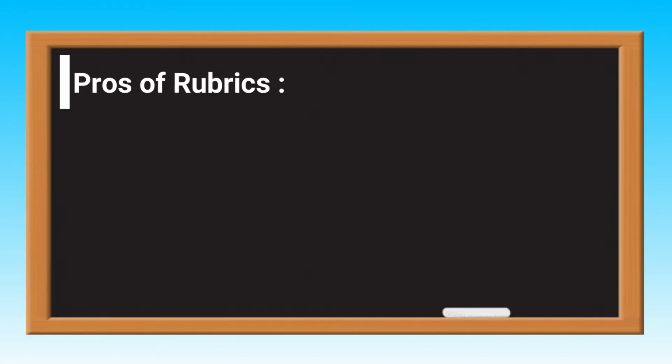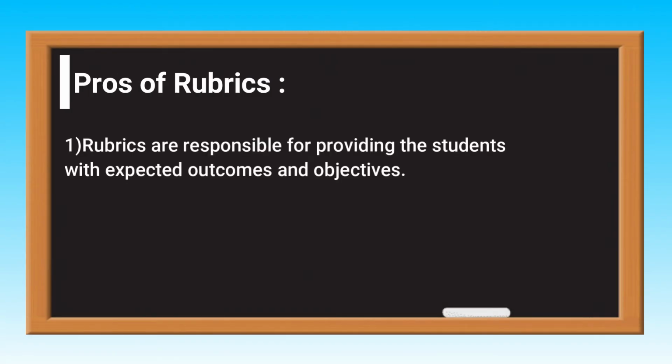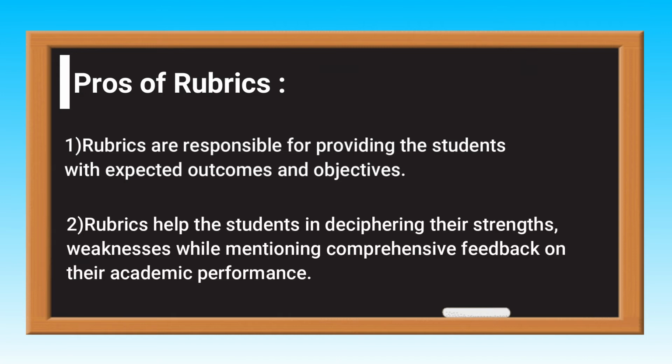First, let us know about the pros of rubrics. Number 1. Rubrics are responsible for providing the students with expected outcomes and objectives. They even allow them to understand several techniques to be adopted in a learning process to secure a perfect score in their tests, assignments, etc. Number 2. Rubrics helps the students in deciphering their strengths, weakness, while mentioning comprehensive feedback on their academic performance.